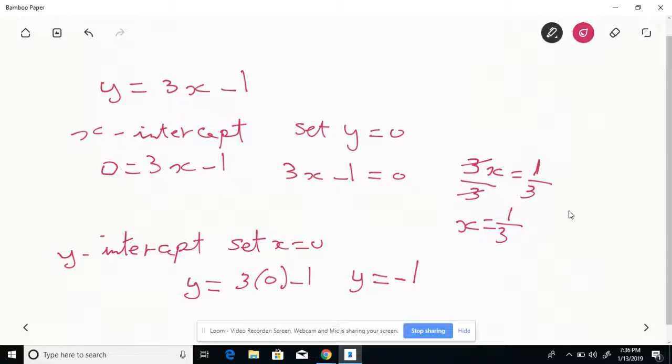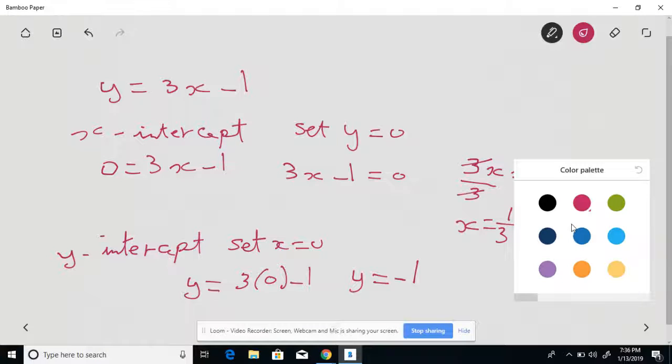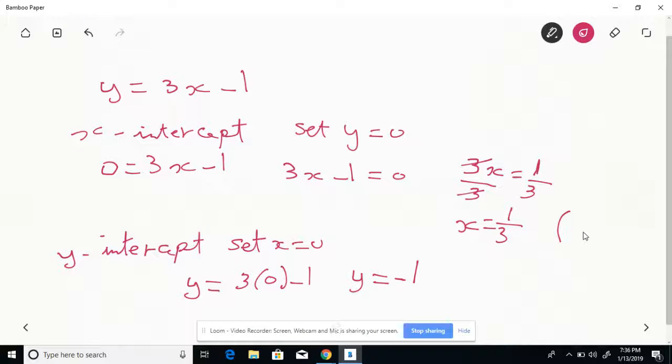As I said before, we set y to 0, and we find that x is 1 over 3.